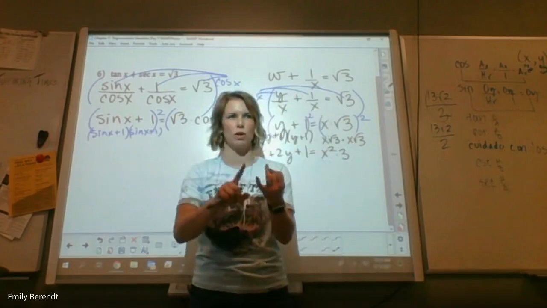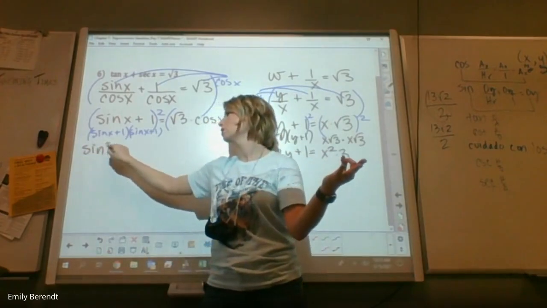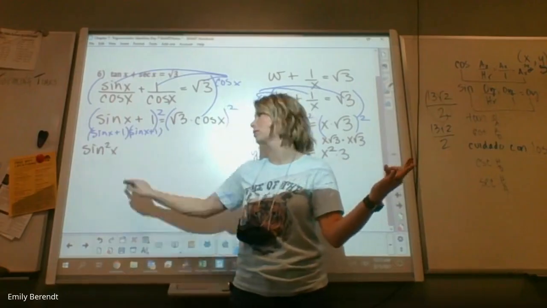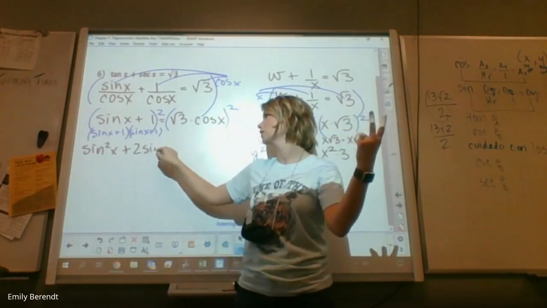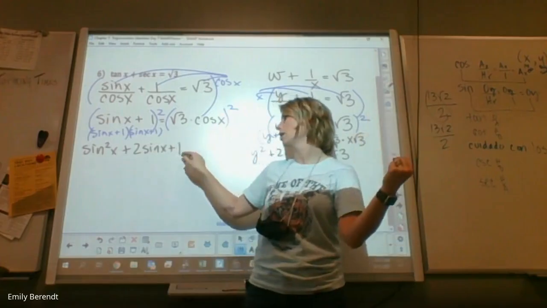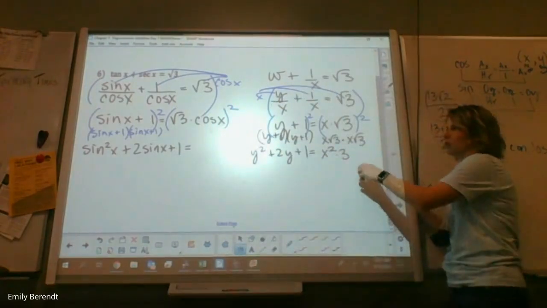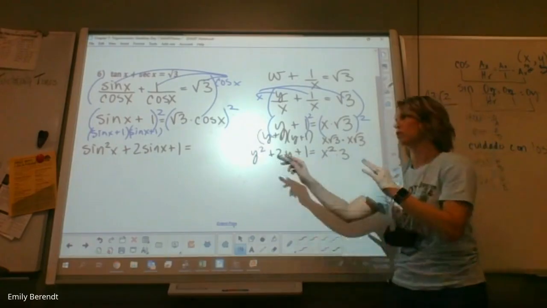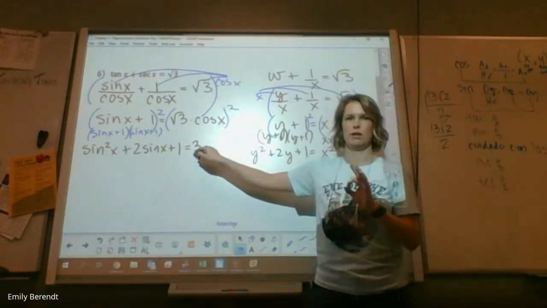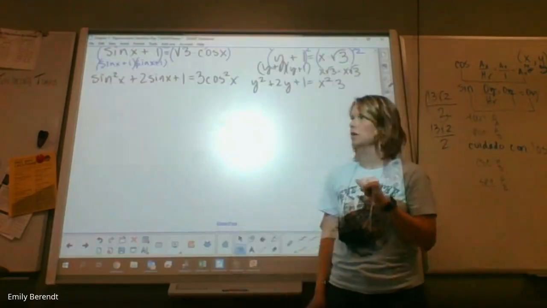We should get the y squared plus the 2y plus 1, which would be sine squared of x plus 2 sine of x plus 1 equals. So the x squared times 3 is equivalent to 3 cosine squared of x.